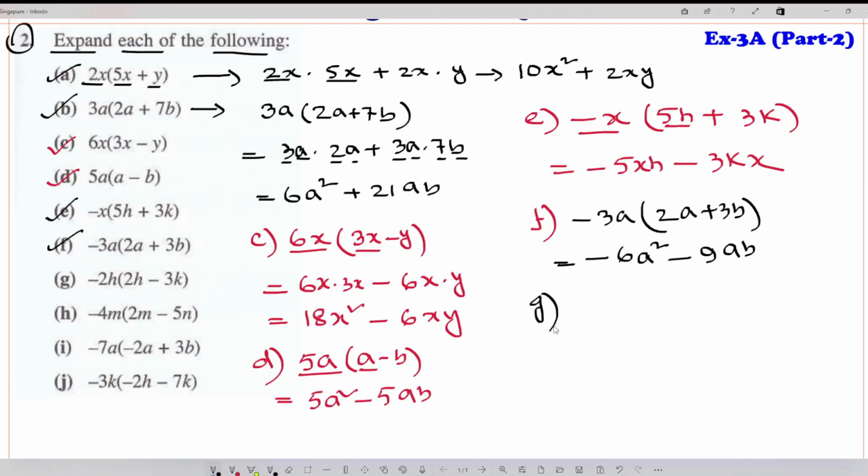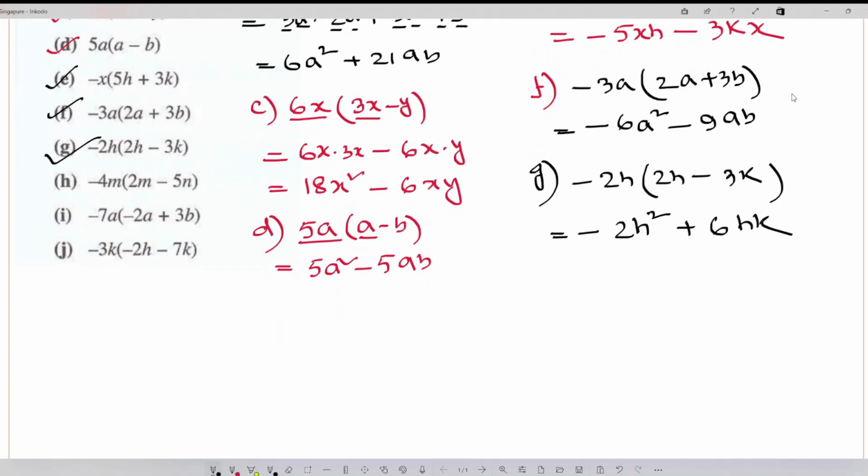Then number G, minus 2h times (h minus 3k). So here is minus 2h and h square, minus and minus plus, 2 times 3 is 6, then hk. Number G done.